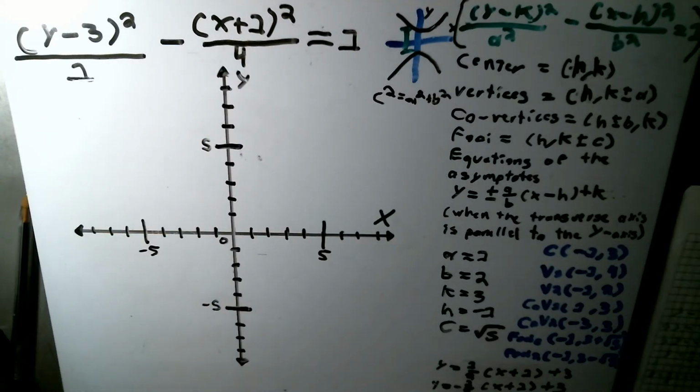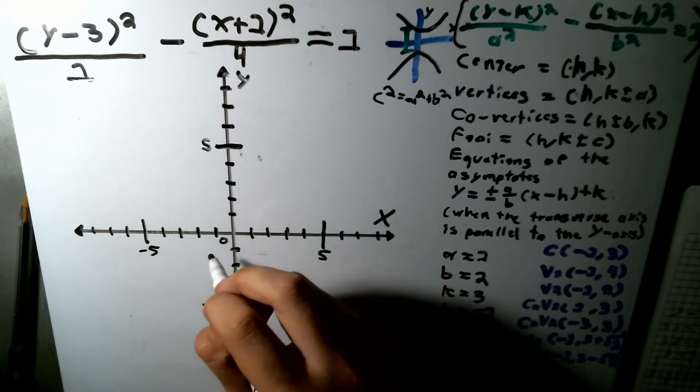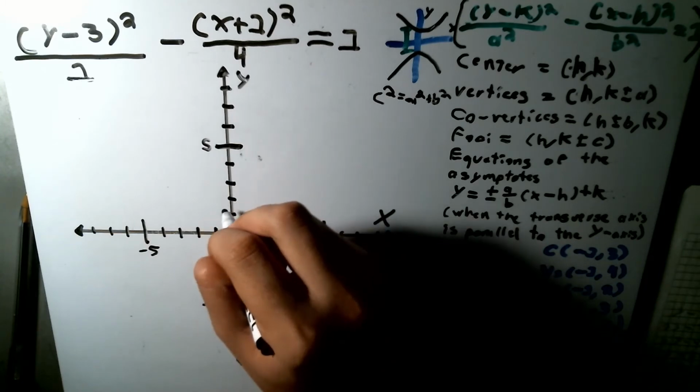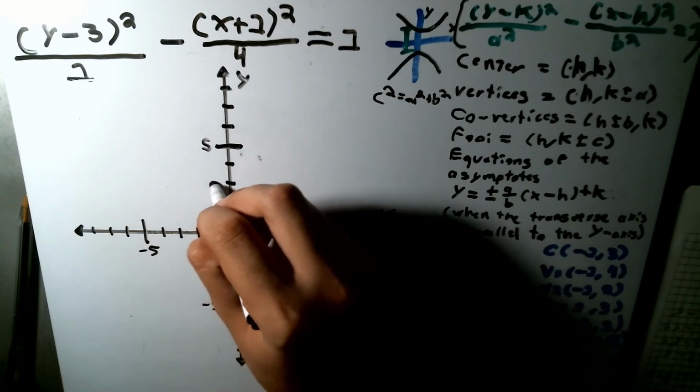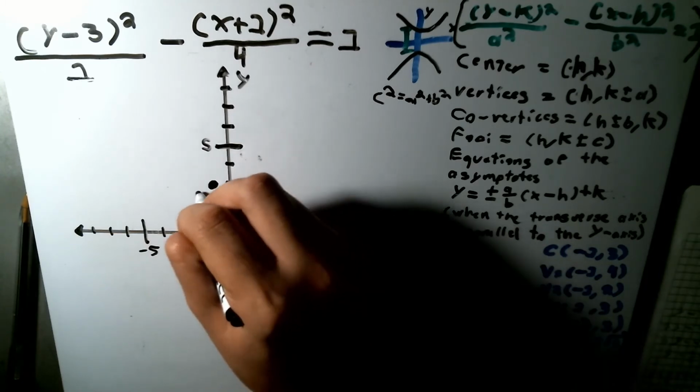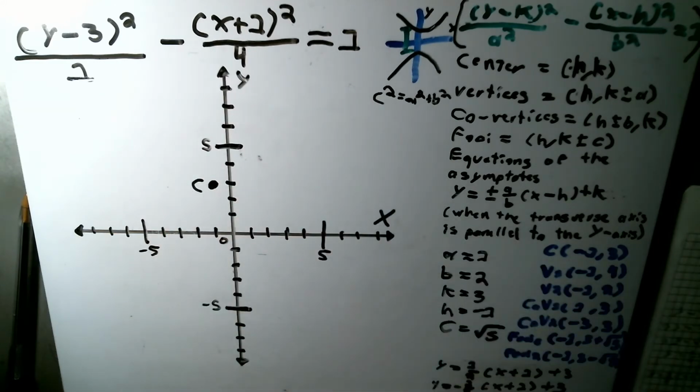So now let's write every point. The center is minus 1 comma 3. This is the center. Now the vertices.